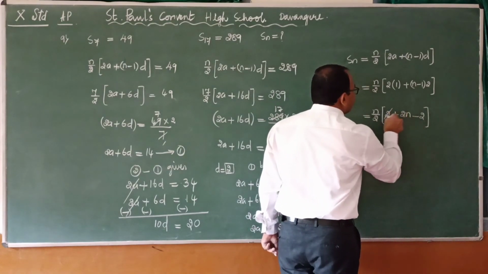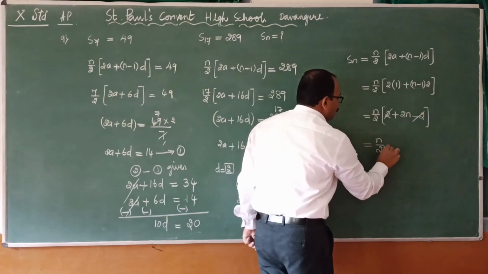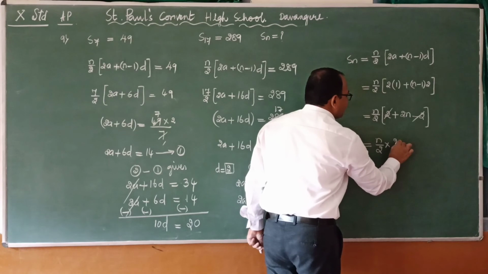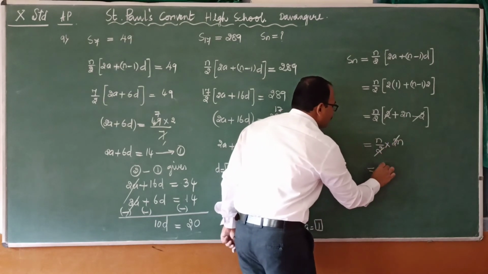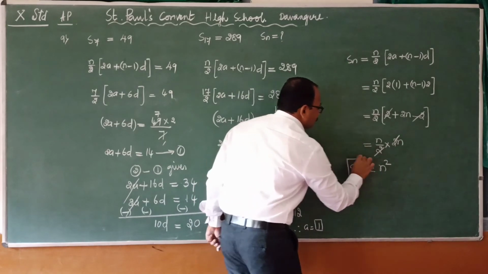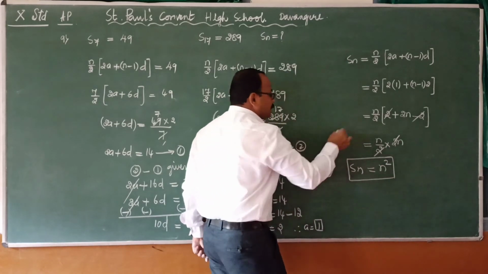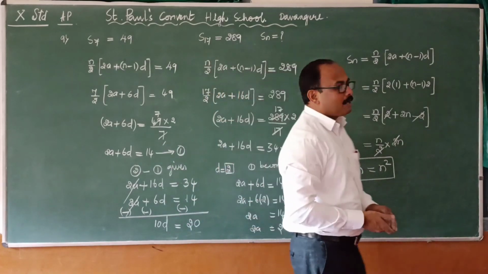Plus 2 minus 2 get cancelled, children. Therefore, this will be equal to n by 2 into the remaining 2n. 2 gets cancelled, and it will be equal to n square. Sum of n will be equal to n square.